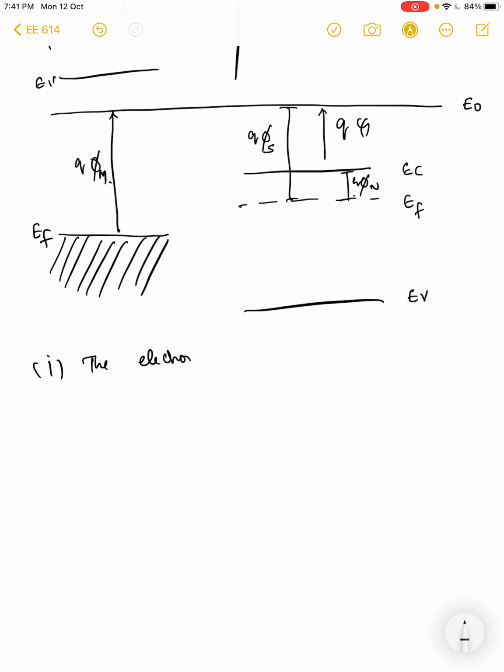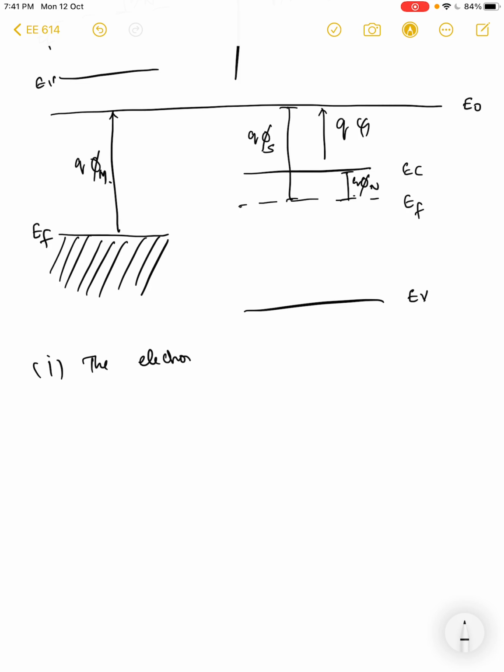And because there is a slope in the conduction band, your chi should also have a slope. The vacuum level here also has a slope, right? So you have q psi, meaning q psi everywhere, q chi everywhere, right?